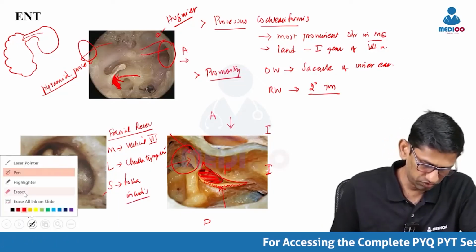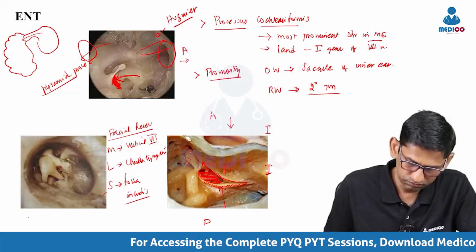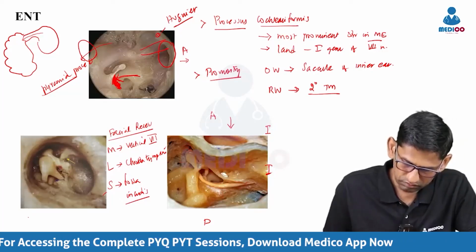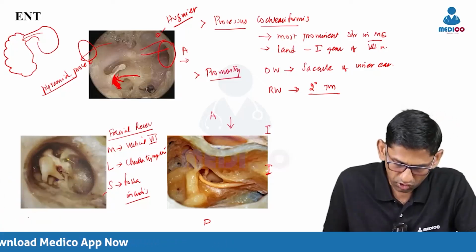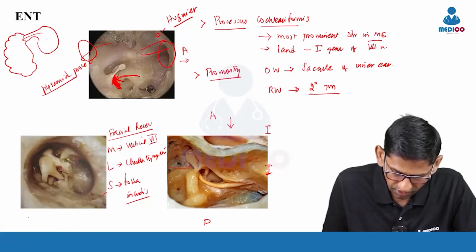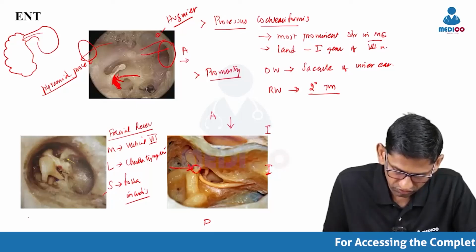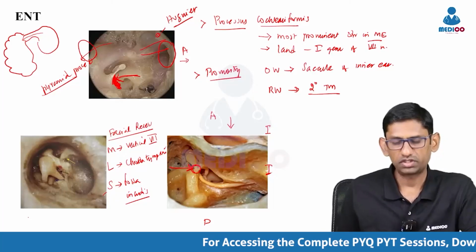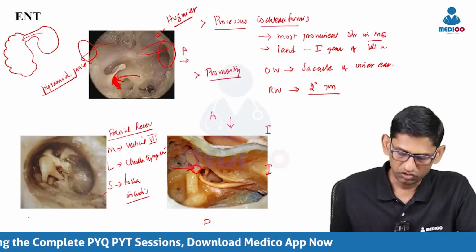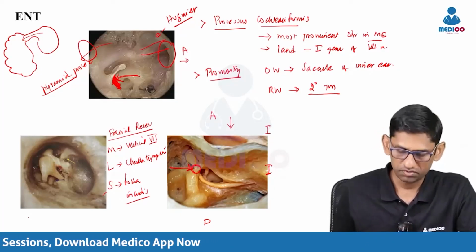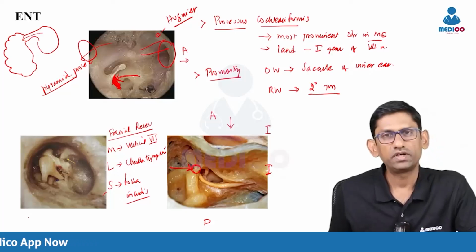The fossa incudis is nothing but the point where the short process of the incus is lying. This bone is the fossa incudis. The short process of the incus is lying in the posterior wall of the middle ear. That is called fossa incudis. That forms the superior boundary of this facial recess.